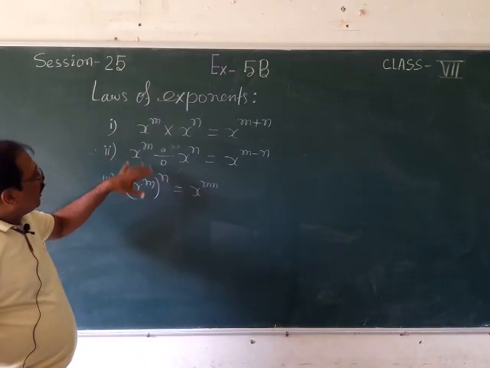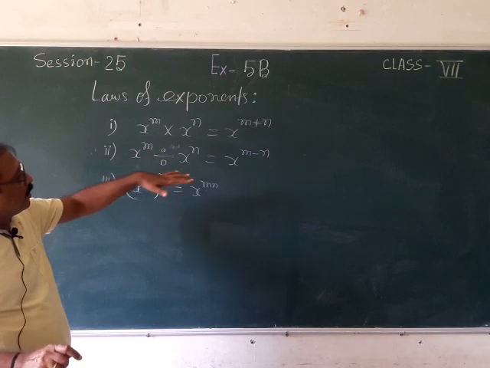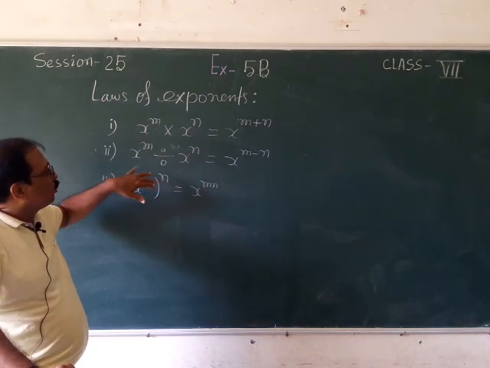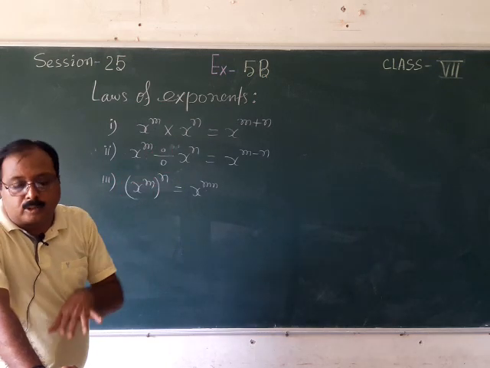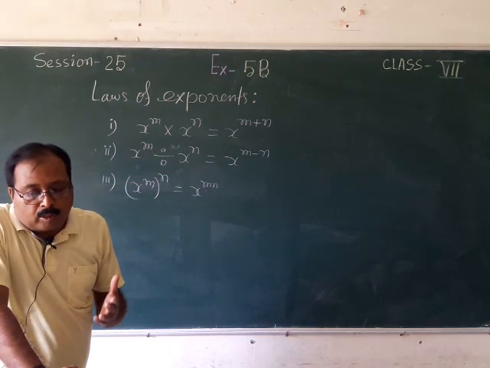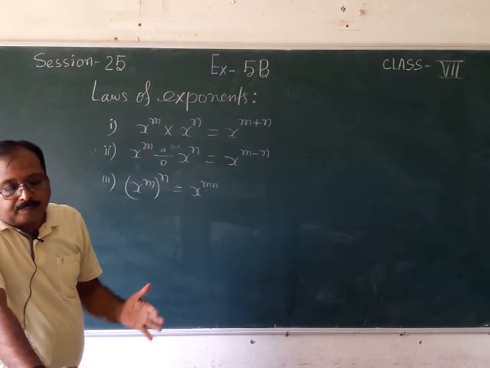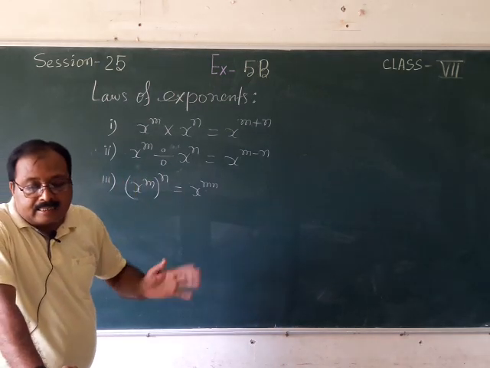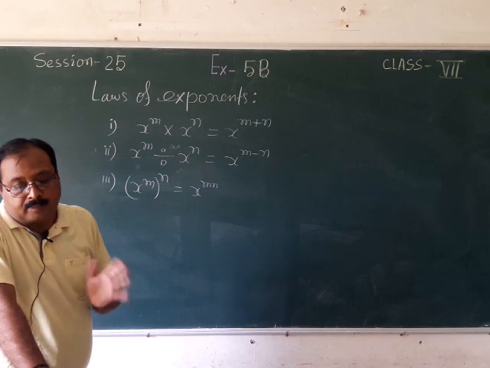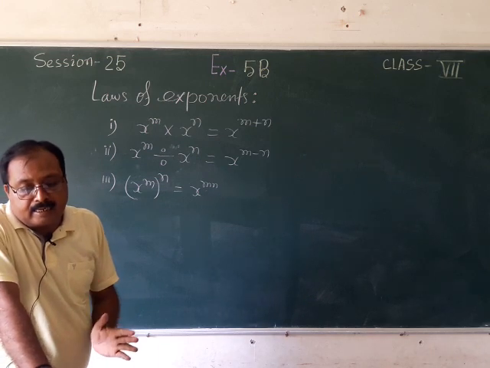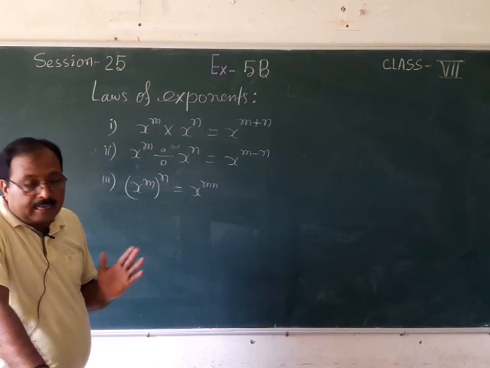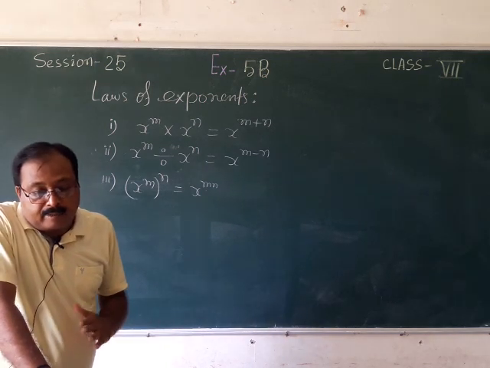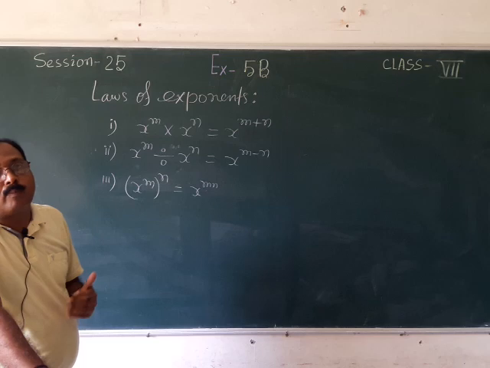You should take care that here m and n are non-zero numbers. That means m and n should not be 0 or x should not be 0. So here you have to take care that x is any non-zero integer, and m and n both are positive integers.